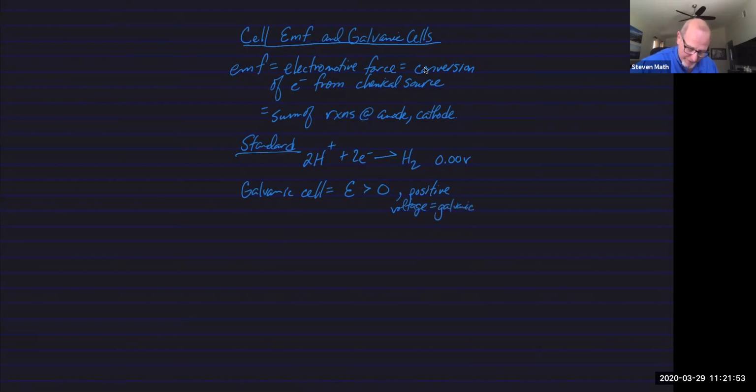Another way of thinking about that is that this is going to be spontaneous. It's going to give off that energy in the form of voltage. A lot of the same terms apply. Reverse a reduction potential, and we're going to reverse the sign.